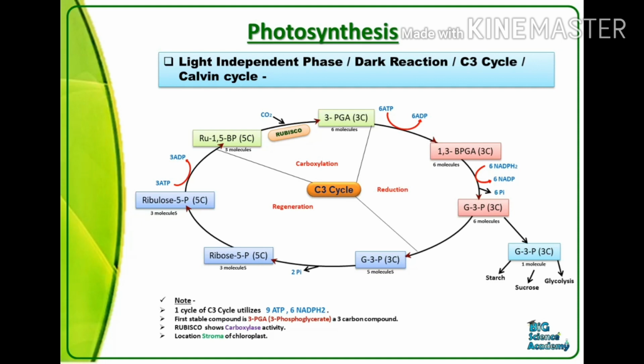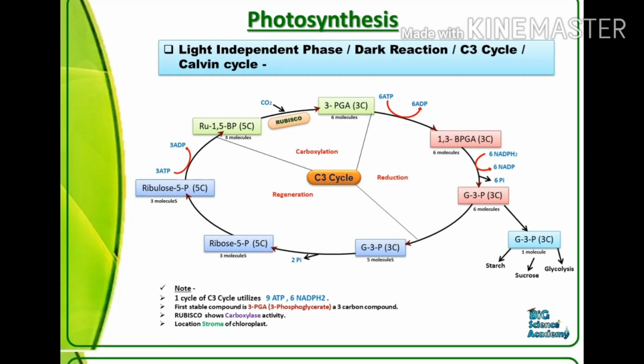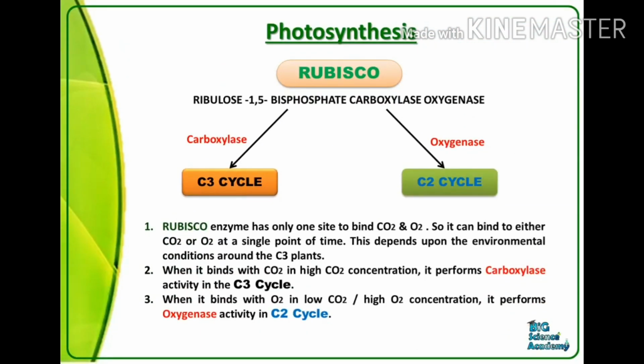The first stable compound is 3-PGA or 3-phosphoglycerate, which is a 3-carbon compound, and in this C3 cycle RUBISCO shows carboxylase activity. The location of the C3 cycle is the stroma of chloroplast. So let's talk about the most abundant enzyme or protein on the planet Earth, which is RUBISCO.